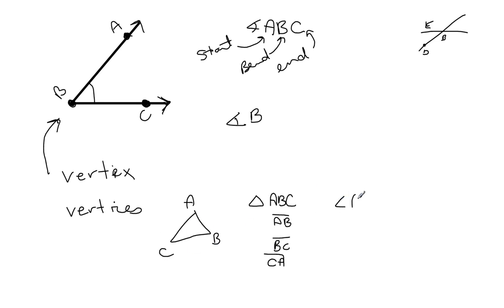Angle ABC, and that should have a little symbol there, kind of like an eyeball opening. Angle BCA. So B, C, and then A. And then the last angle about point A would be CAB.